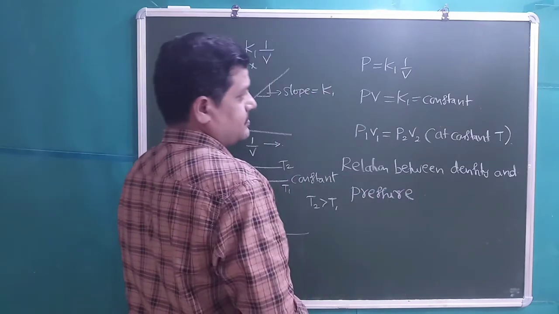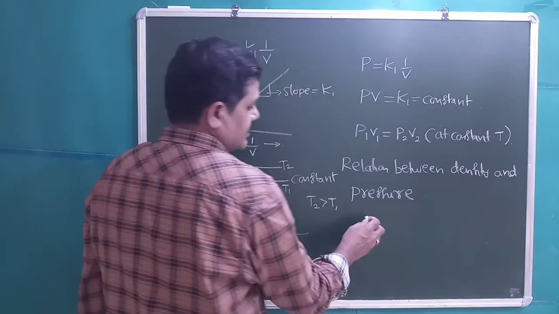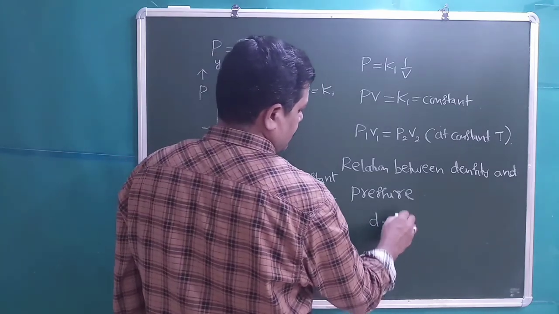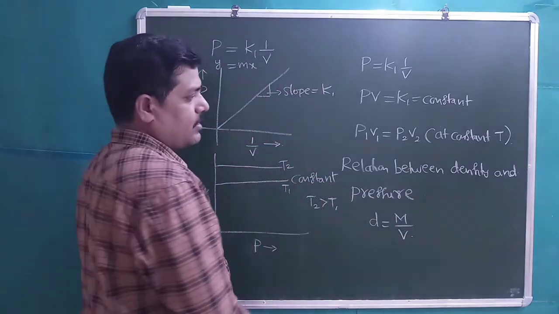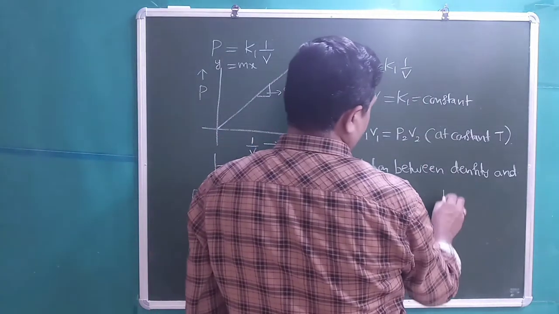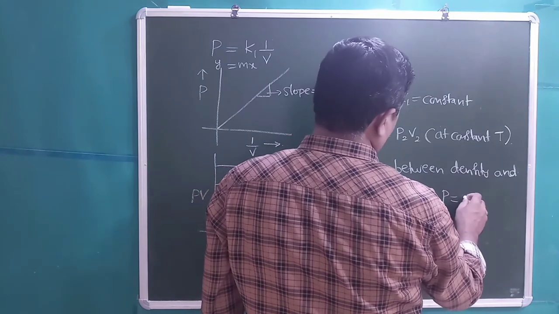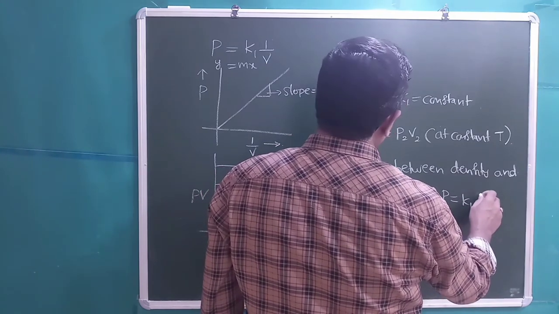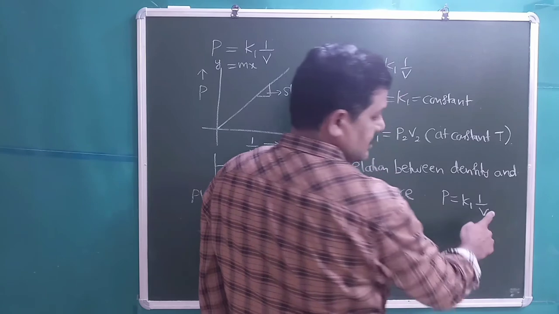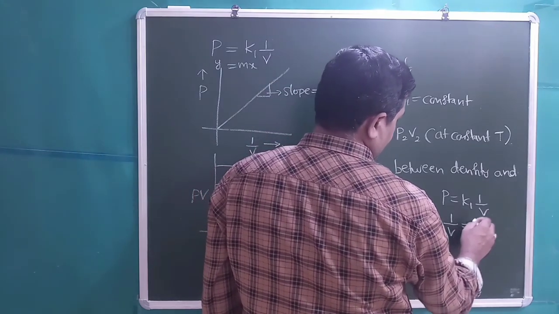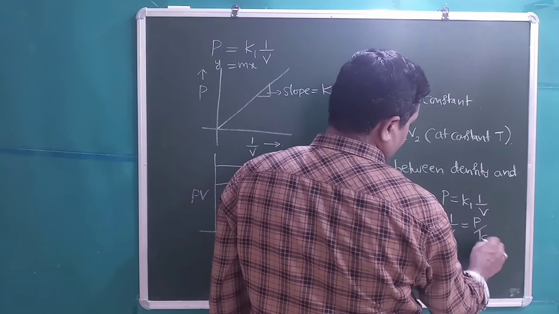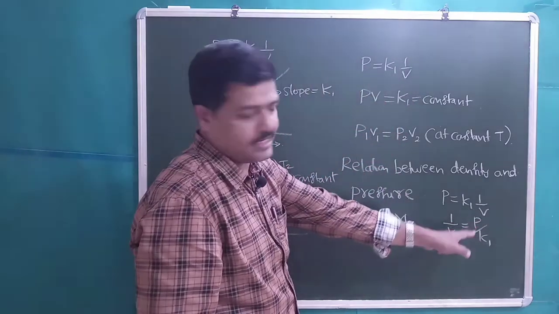Students, density is equal to mass divided by volume. From the Boyle's law equation, P is equal to K1 into 1 by V. So this 1 by V, we are writing it as 1 by V is equal to P divided by constant K1.